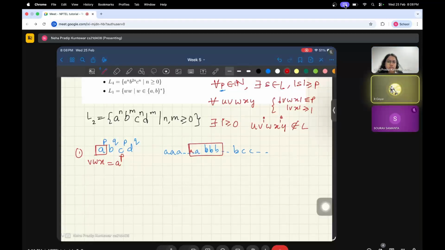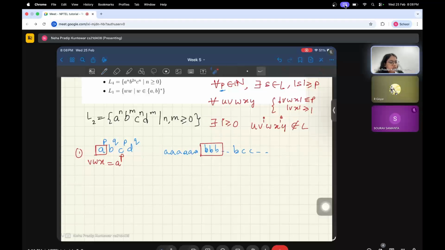No, the entire vwx is inside b's only. I mean, u has consumed all the a's, and v, w and x are inside b's only. That would be the case wherein if I pump any number of v's and x's, that will not unbalance the string; it would still belong to the language.